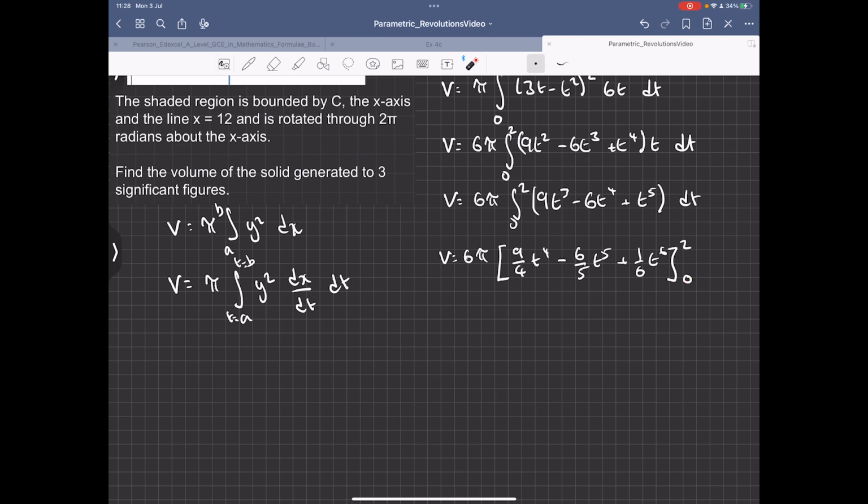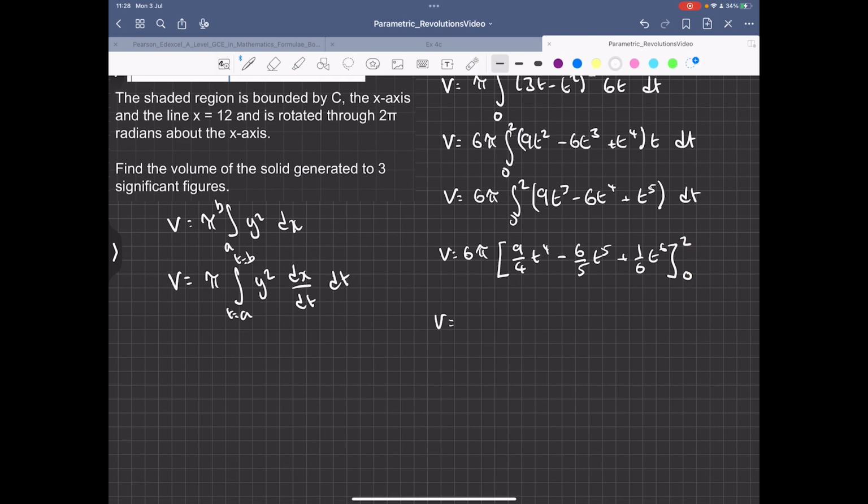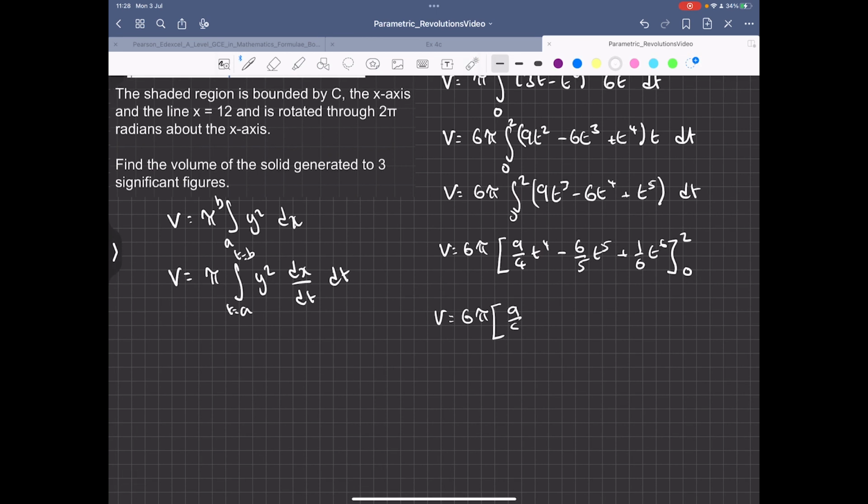So now we'll substitute in each of these limits. So the volume will be 6 pi. t to the 4 is 16, so this will become 9 over 4 lots of 16. t to the 5 is 32, so minus 6/5 of 32.